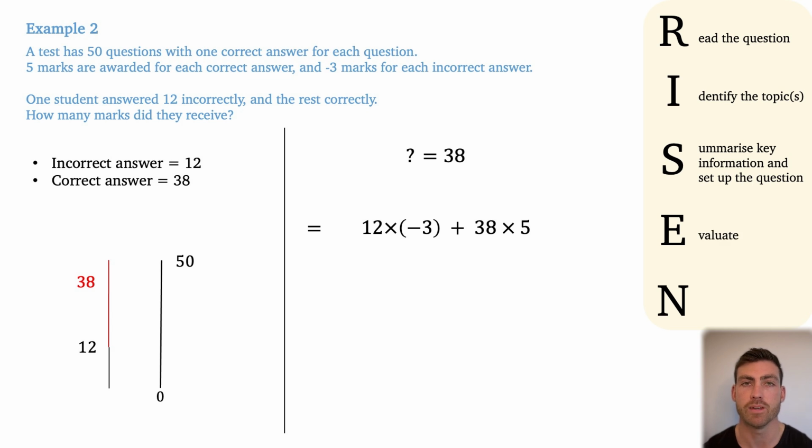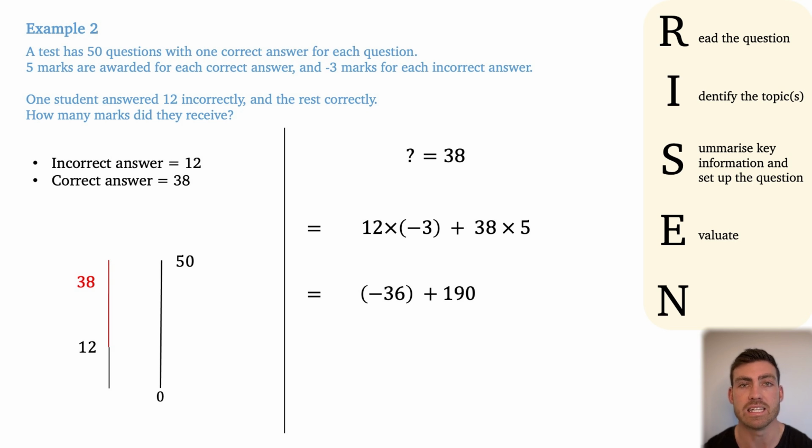Next, to evaluate, first complete the multiplication before addition. 12 times -3, well, when you multiply a positive by a negative, you get a negative answer. Then 12 times 3, giving us an answer of -36. Then 38 times 5, this equals 190.